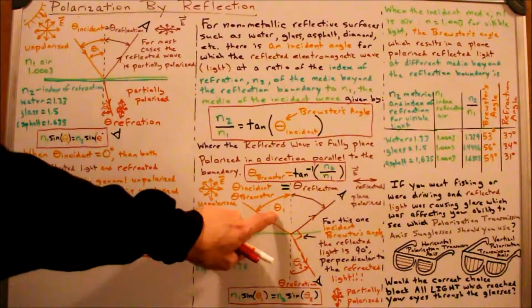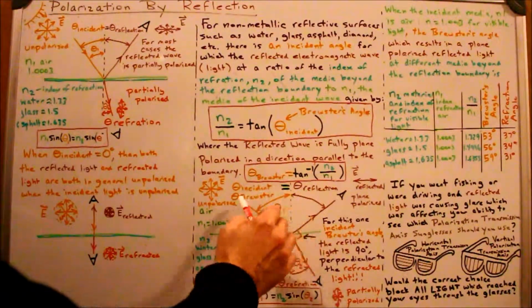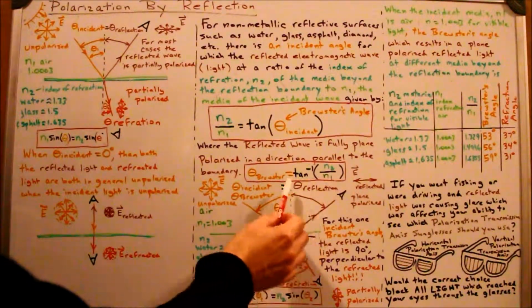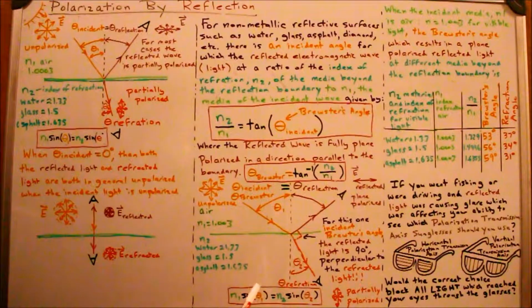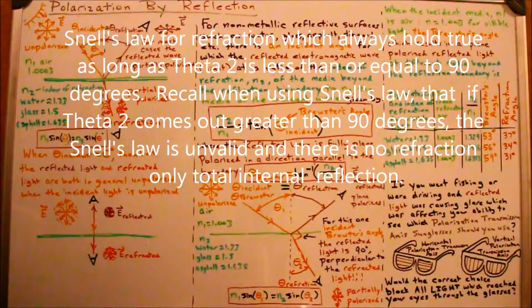And since the angle of incidence equals the angle of reflection, this angle here, the angle of reflection, is also this value. Now in every case, Snell's law always holds true, where N1 sine theta 1 equals N2 sine theta 2. So I can solve for theta 2.